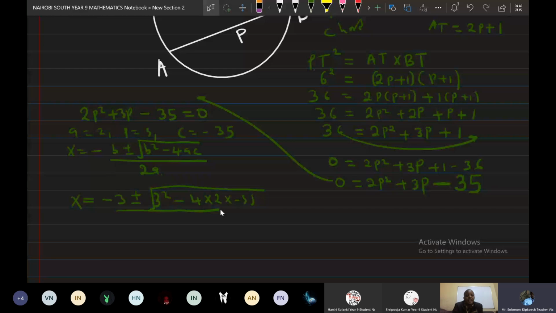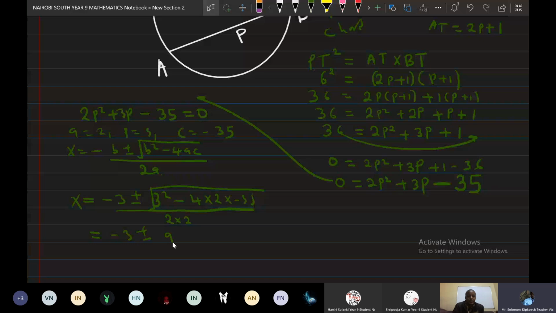So, Mr. Solomon, 3 squared inside the bracket is 9. 9 minus 280. So all over 2 times 2, because A is 2. So 2 times 2 is 4.